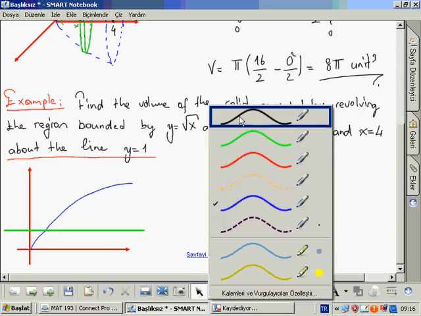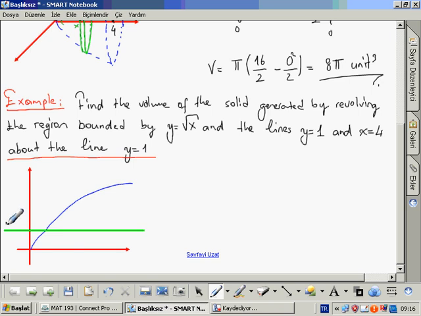Okay, and this is y equals 1. This part is maybe a dot line or dash line. And after that x equals 4, which is here.